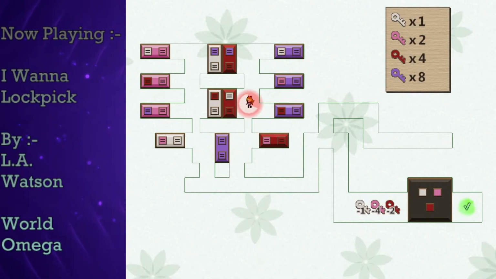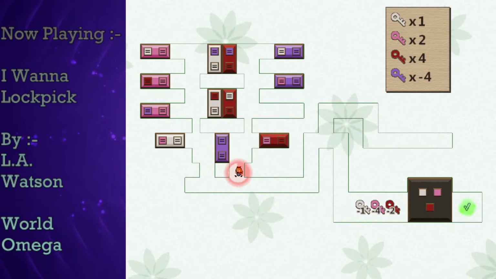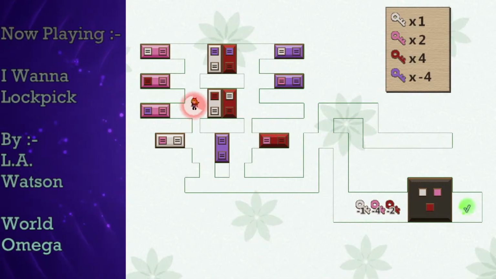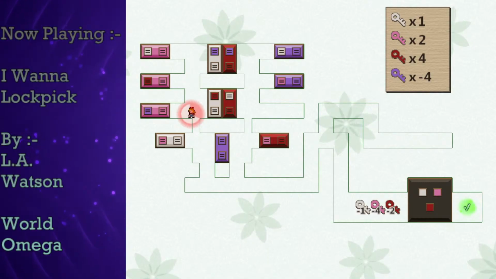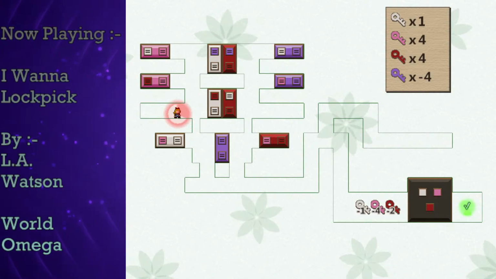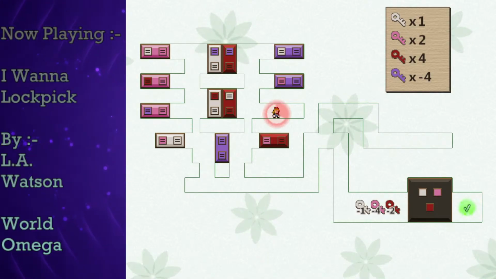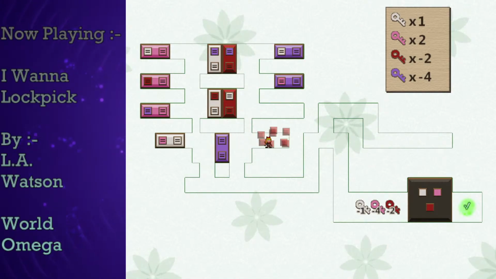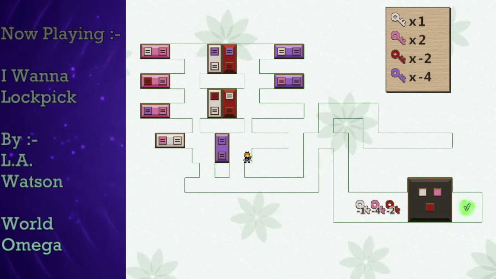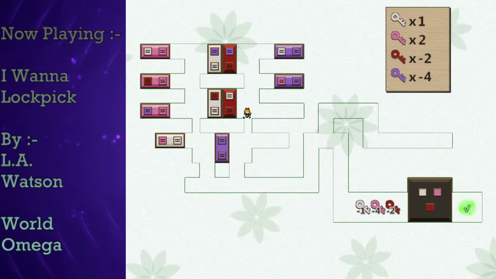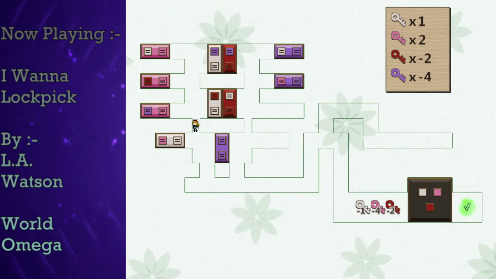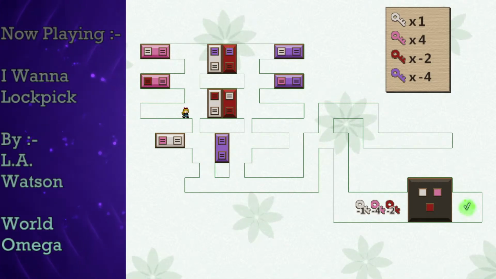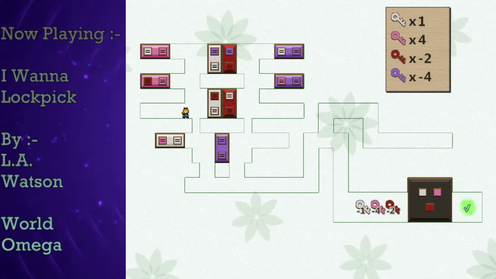Okay, so let's change this into -4 first, right? Now you can be -2, right? By the way, now you can be -4.